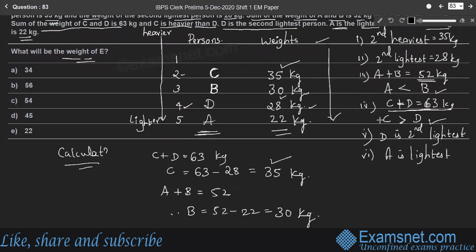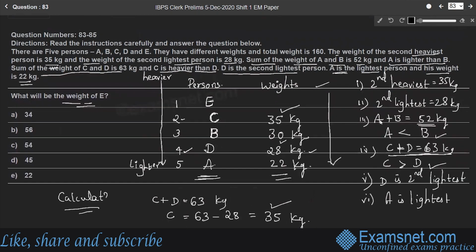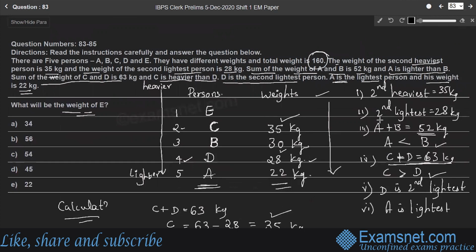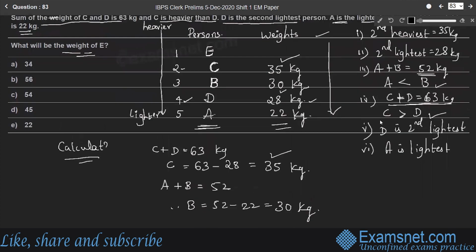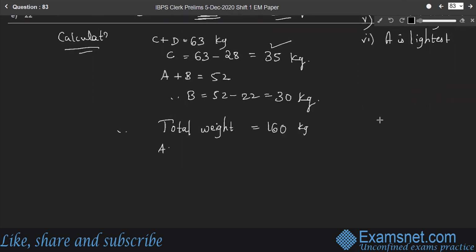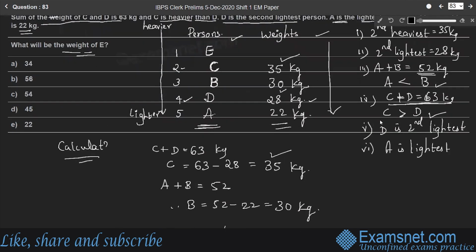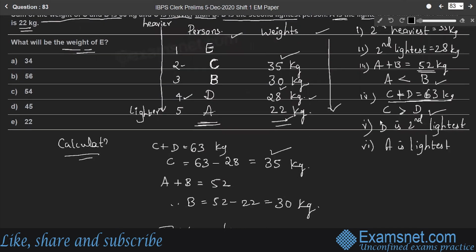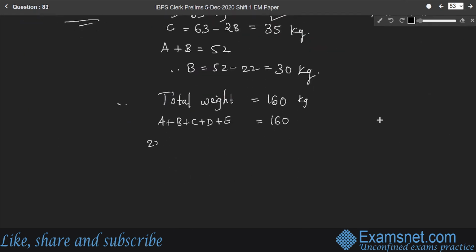A, B, C, D, and the first person is E, heaviest person, and whose weight is, here total weight is given. Total weight of all 5 persons is 160 kg. Therefore, weight of E is, so we can write total weight is 160 kg. Weight of A plus B plus C plus D plus E is 160. Substitute the values of A, B, C, D. Weight of A is 22, B is 30, 22 plus 30.